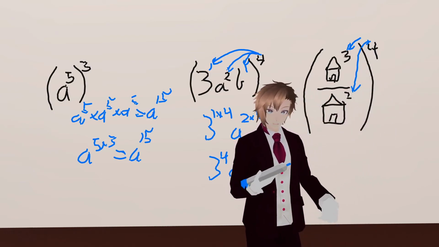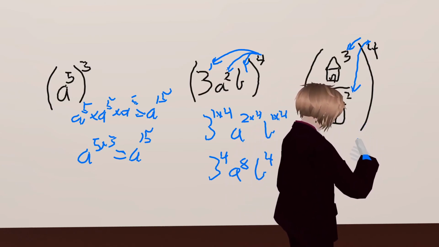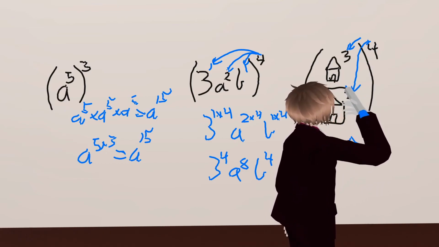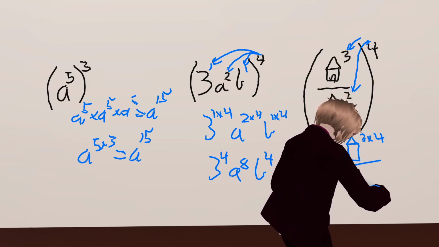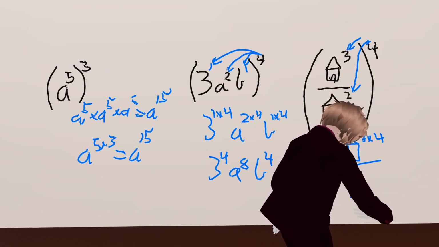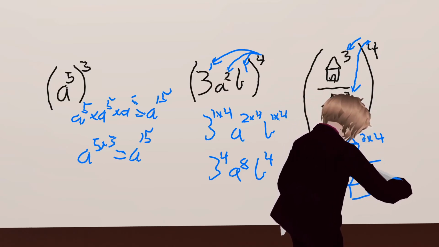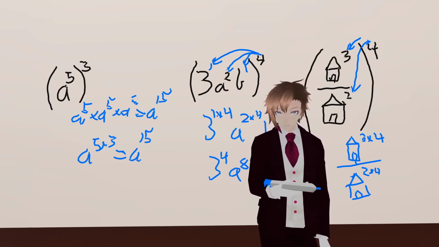A nice way to remember it is you just times the little numbers together. So we're going to end up with house to the power of 3 times 4 divided by house to the power of 2 times 4. 3 times 4 is 12, and 2 times 4 is 8.